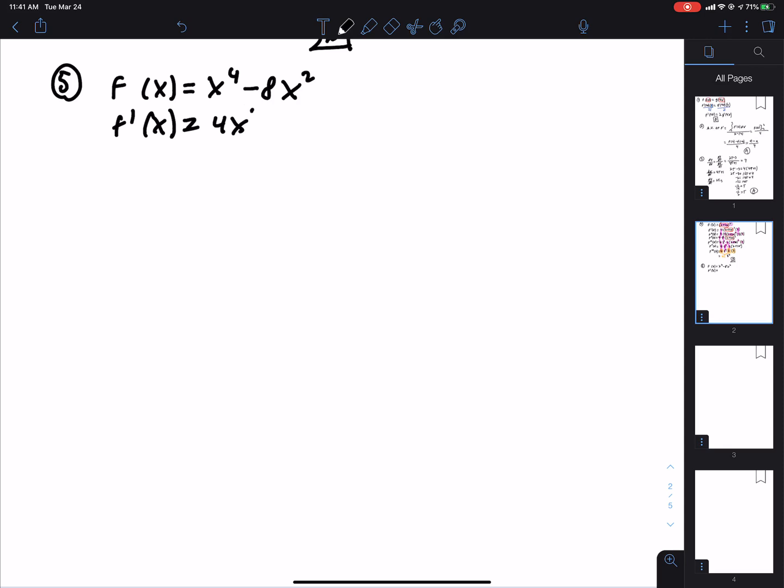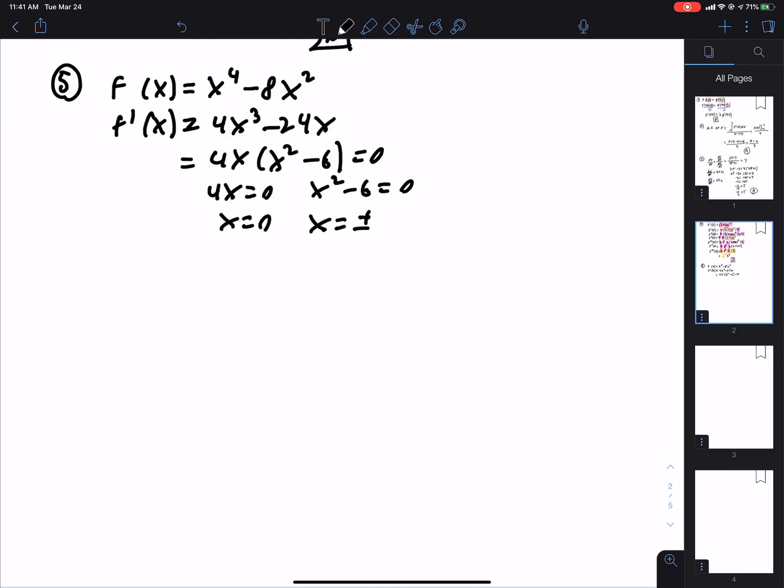We get 4x cubed minus 24x. I'm going to factor out 4x, x squared minus 6. Set that equal to 0, and we get this. So x equals 0, or x is plus or minus radical 6.